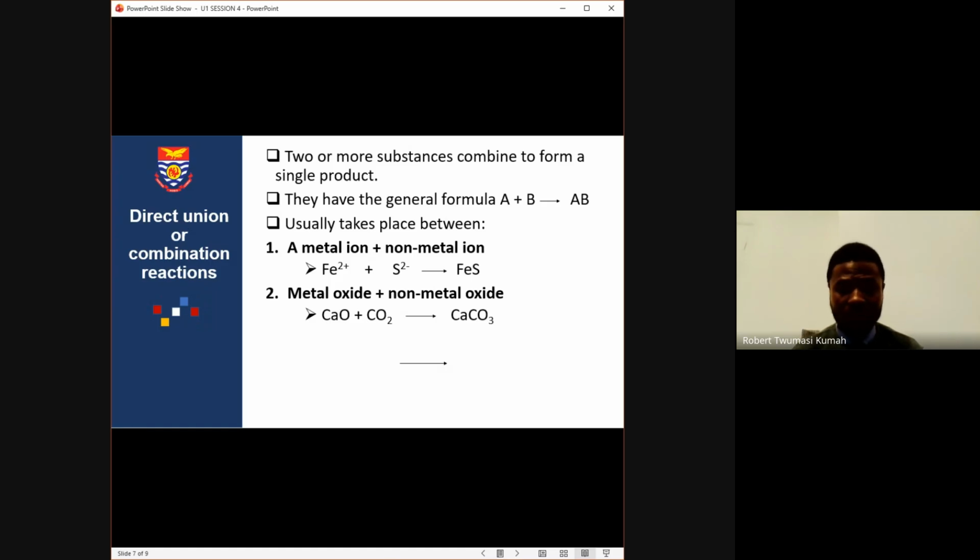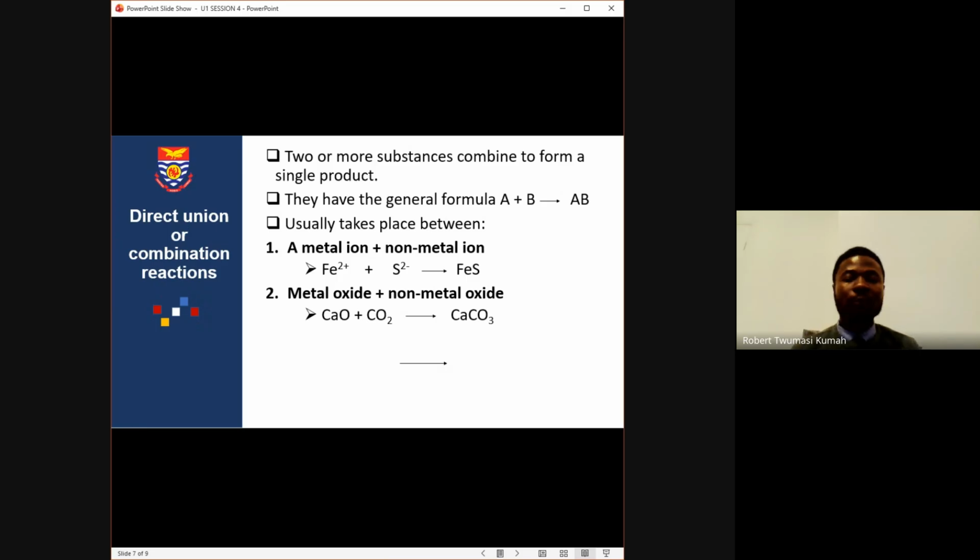It becomes difficult. But if you know that this is a metal oxide combining with a non-metal oxide, then this should be a combination reaction or a direct union. And if it's a direct union, then I'm expecting only one product.